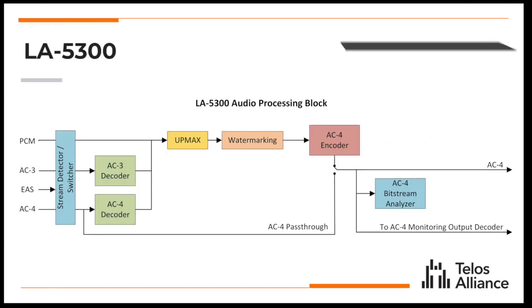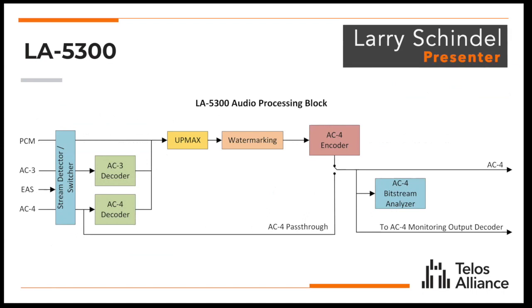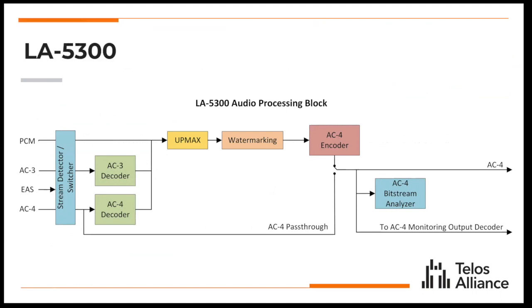options that are with the 5291 and actually the UpMax ISC. This is one of the processing blocks that'll go into 5300. You can see that we can decode AC3 or decode AC4 or accept PCM in. We can upmix it if desired. We can watermark with Nielsen or Verance or both. AC4 encode and output.